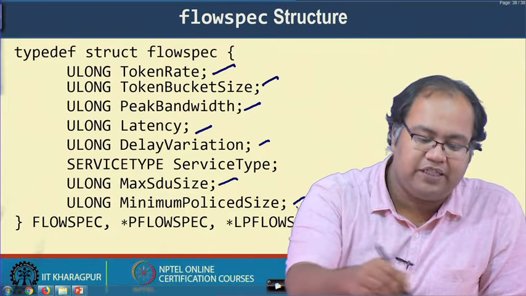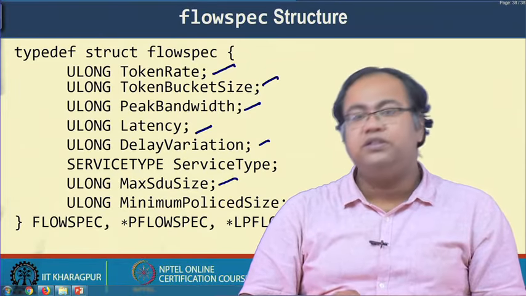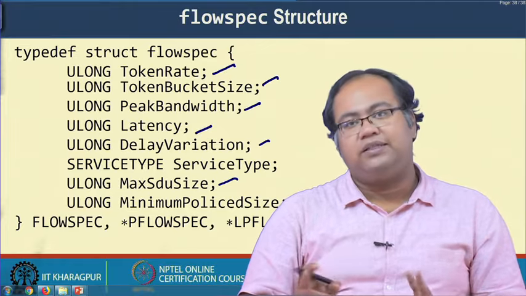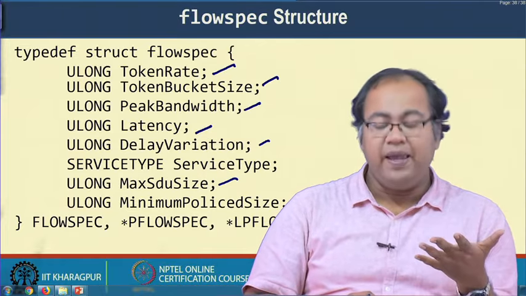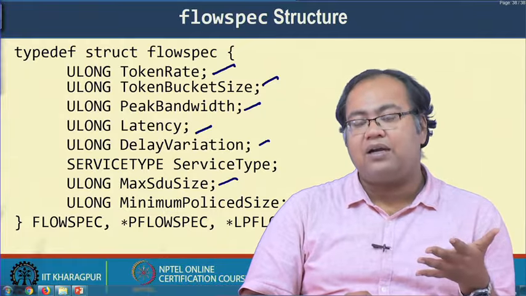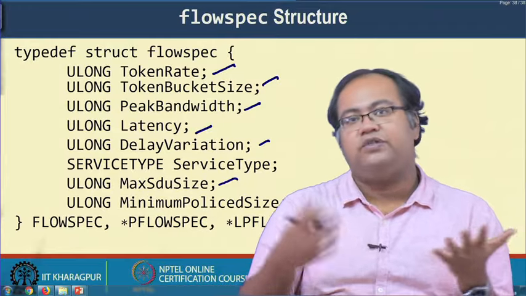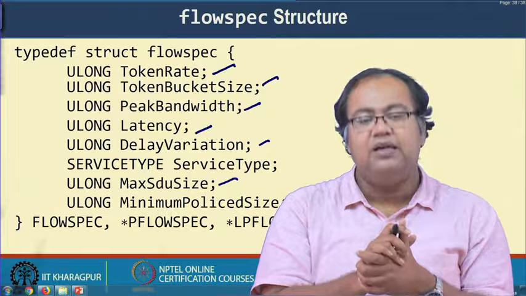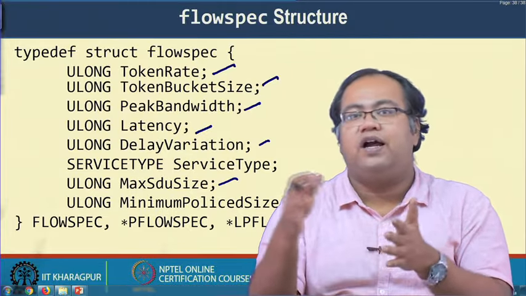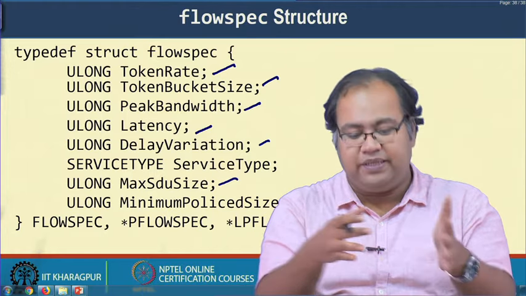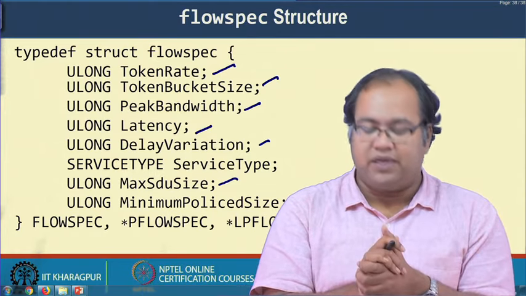So, this flow spec specifies all these numeric values which actually determine your corresponding service level agreement. Based on the flow spec, you determine what level of quality of service you want to provide to a particular user, then you configure the intermediate routing queues based on these particular parameters.